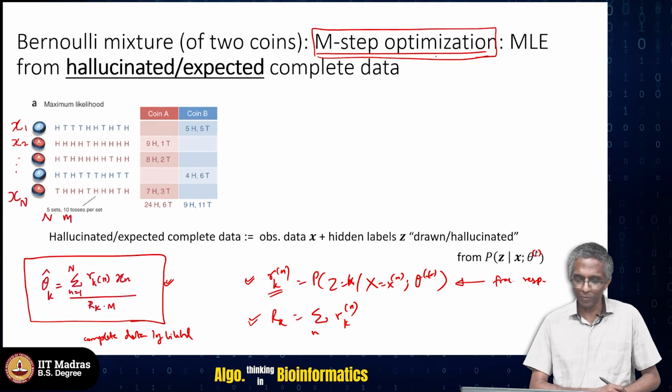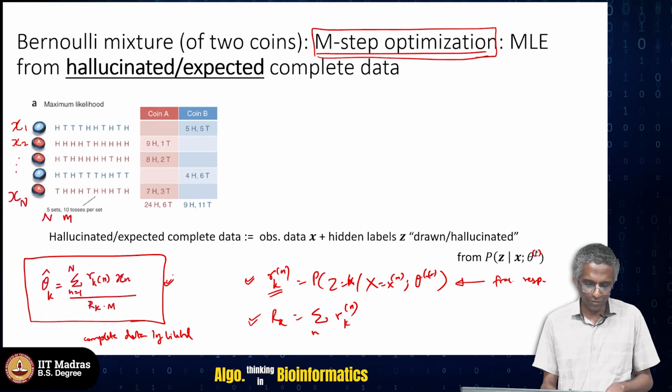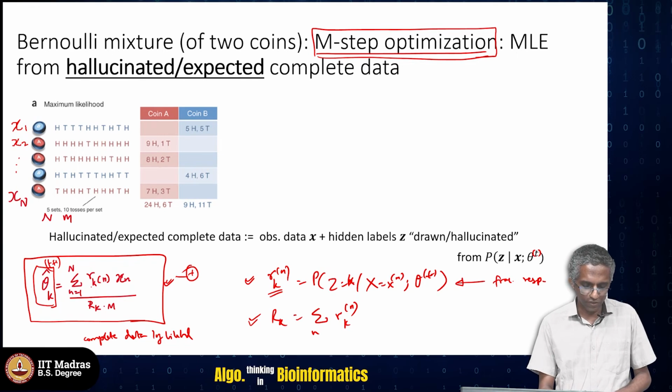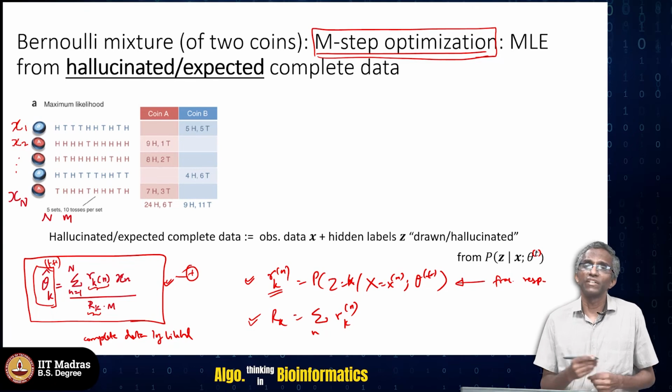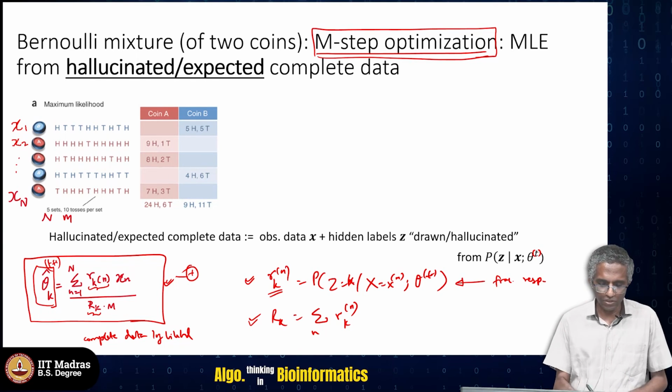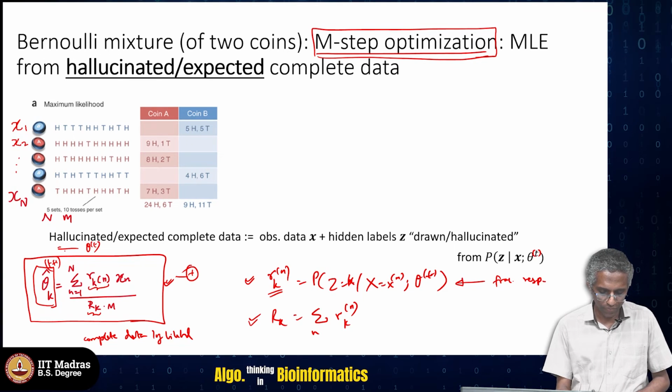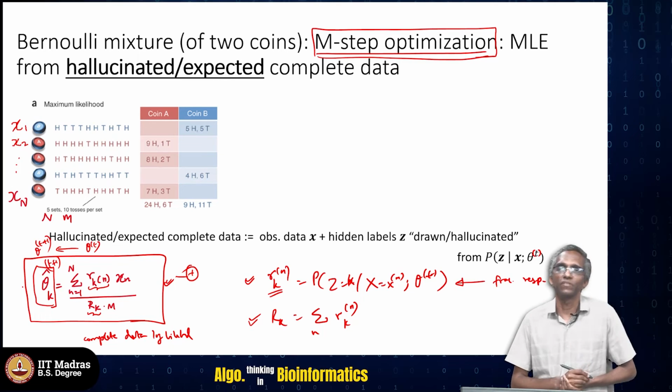So, this M step optimization can be done using this simple formula given here, where you start out with theta t and then you get this theta k hat at iteration t plus 1. On the right hand side of the equation, your Rk of n and Rk are all calculated using iteration t. This is how you go from theta at iteration t to theta at iteration t plus 1.